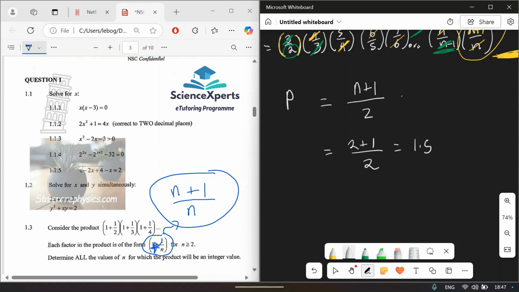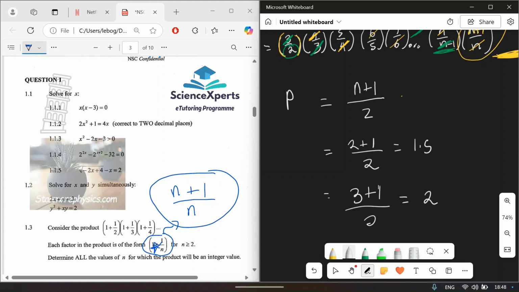Let's substitute n as 3. It will be 3 plus 1 over 2, that's 4 over 2, which is the same as 2. 2 is an integer.